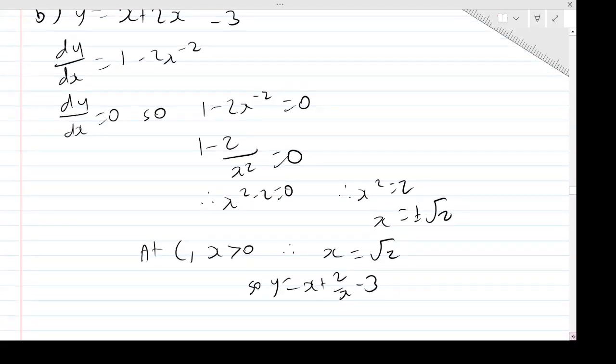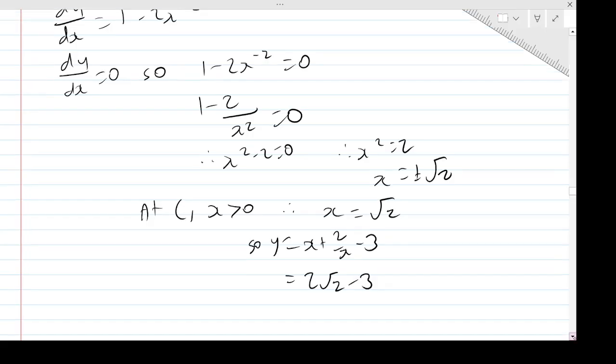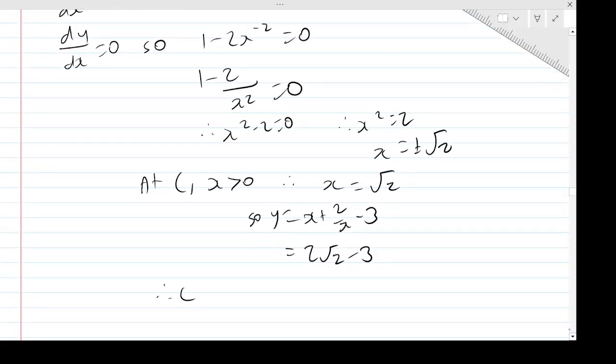So then if we set x to be root 2, y would be root 2 add 2 over root 2, minus 3, and my calculator gets me 2 root 2 minus 3. So therefore my point C, x is root 2, y is 2 root 2 minus 3. And there we are. Cool.